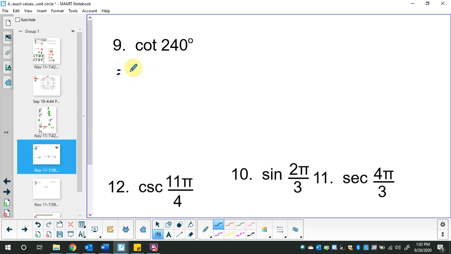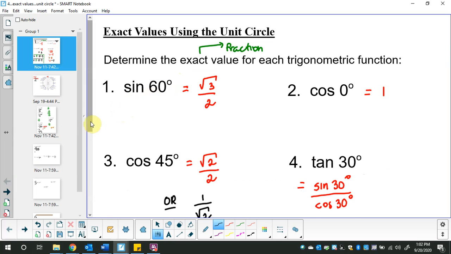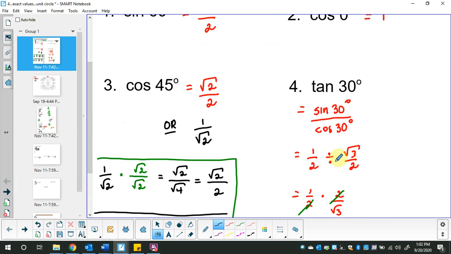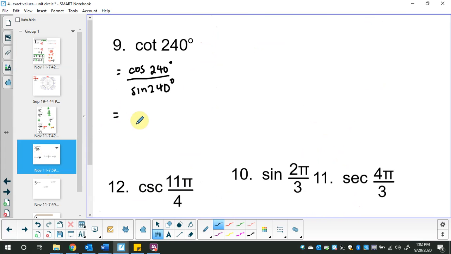Cotangent in quotient identities is cos 240 degrees over sine 240 degrees. Now, hopefully you remember the first time we used one of the quotient identities today, I wrote division sideways when it came to the numbers. I am going to do the same thing here.